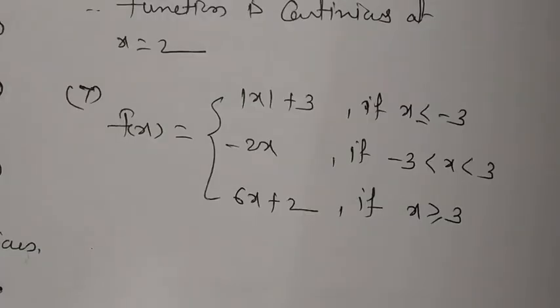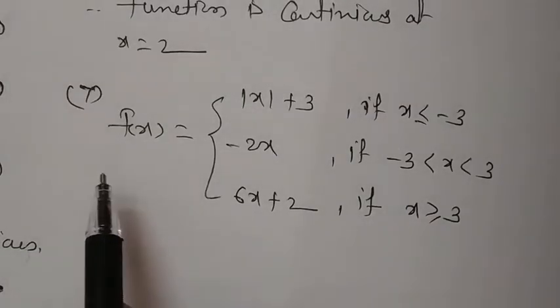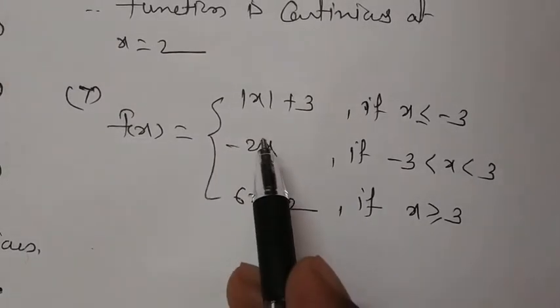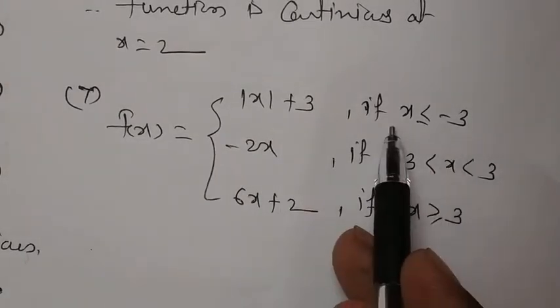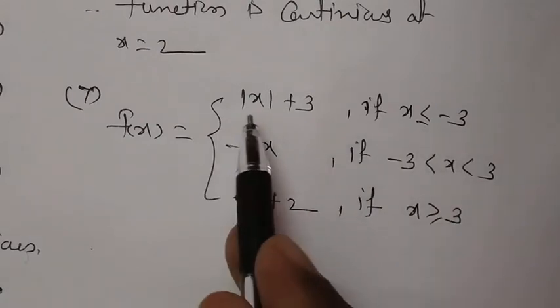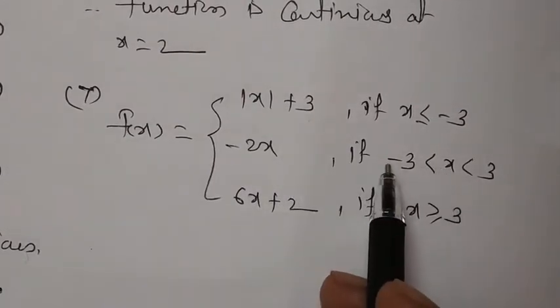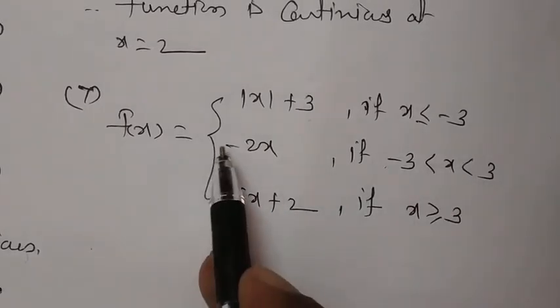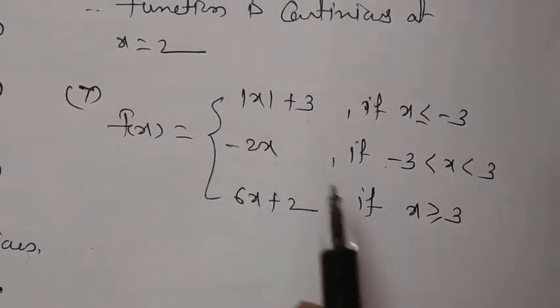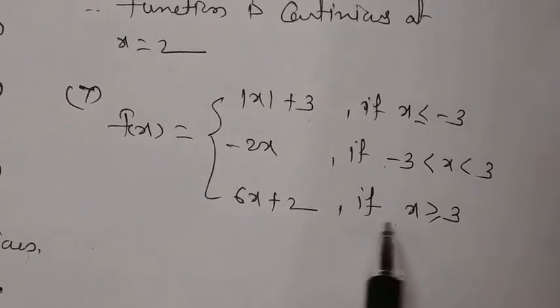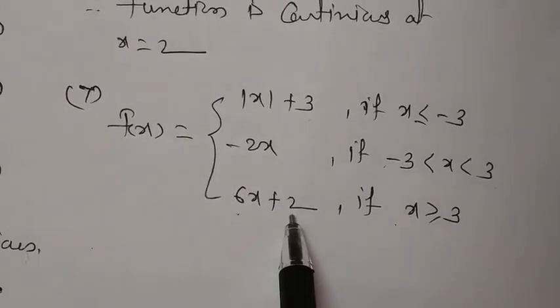Example 7 says that f of x is equal to modulus of x plus 3 when x is less than or equal to minus 3. When x is between minus 3 and 3, the answer becomes minus 2x. And when x is greater than or equal to 3, the answer is 6x plus 2.